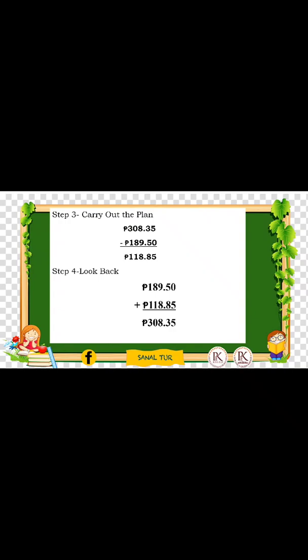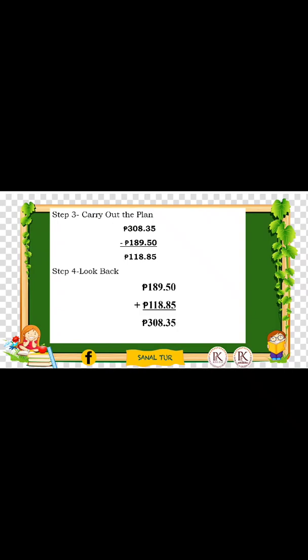Then we go to step 4. You look back. You try to check. Is your answer correct? What are we going to do? Of course, we are going to add now the amount that Wally saved and the amount that he still needs in order to buy the shoes, that is 308 and 35 centavos.